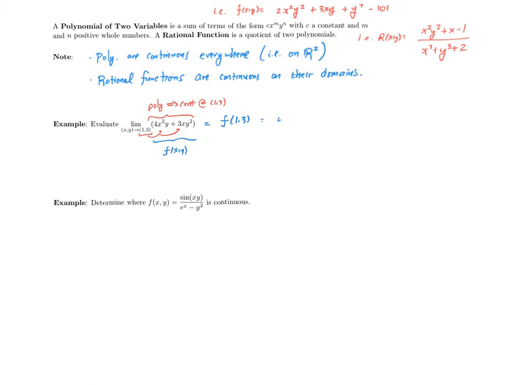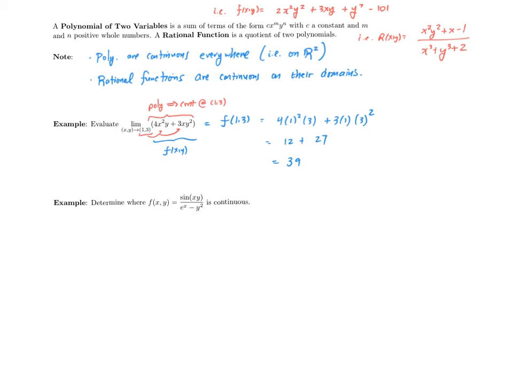So this becomes 4 times 1 squared times 3 plus 3 times 1 times 3 squared, which is 12 plus 27, which is 39. And I think you would all agree with me that this observation of continuity really makes the limit quite a bit more efficient for us to evaluate.